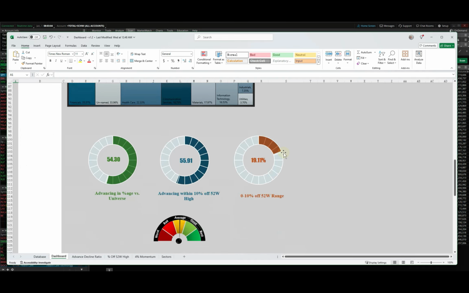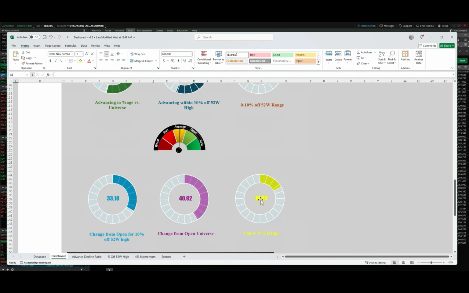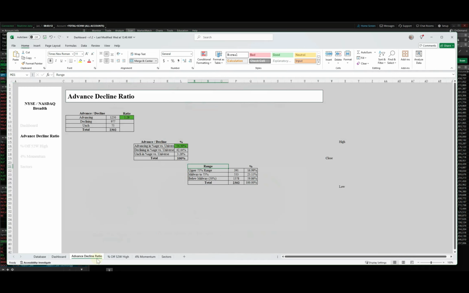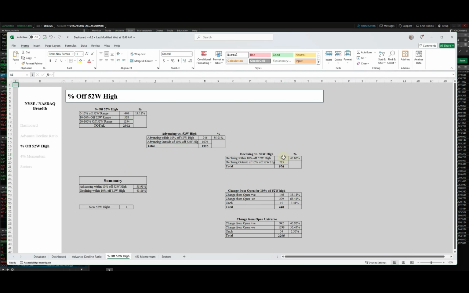If you see here, only 17% of stocks closed in the upper 75% range. So this is not a very strong breadth day today. And then we have the 52-week high.